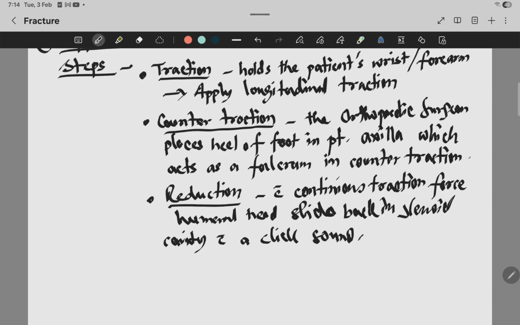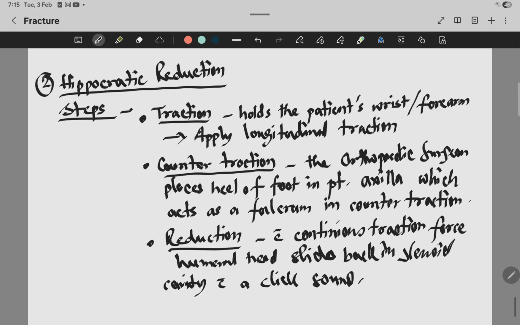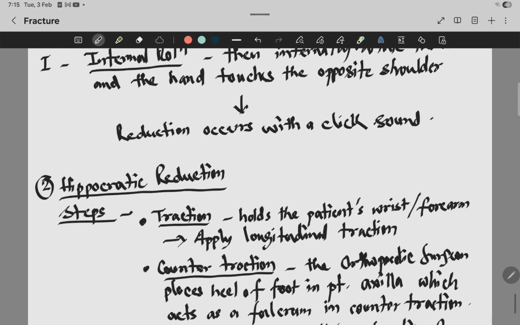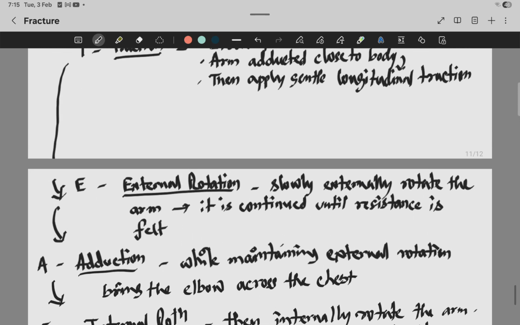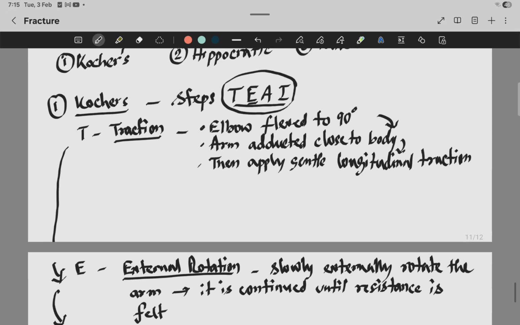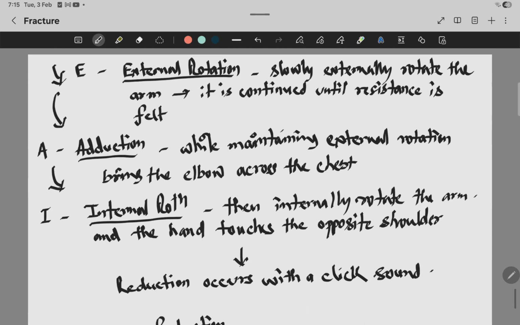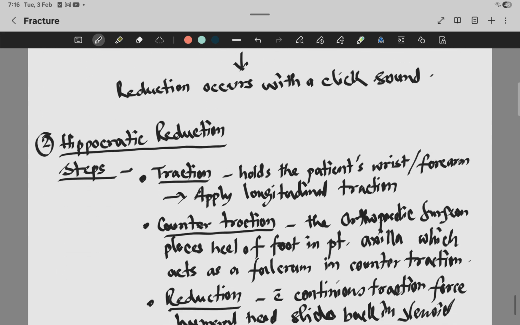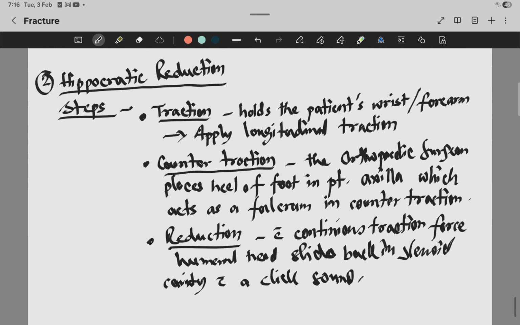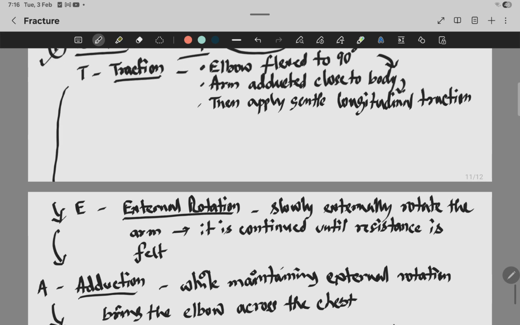So here it is the Hippocratic reduction. Most commonly the reduction used is Kocher's method, whose steps are TEAI: traction, external rotation, adduction and internal rotation. And the second one is the Hippocratic reduction.